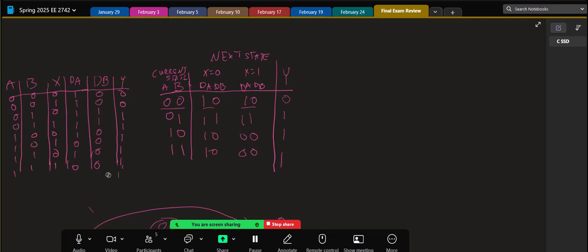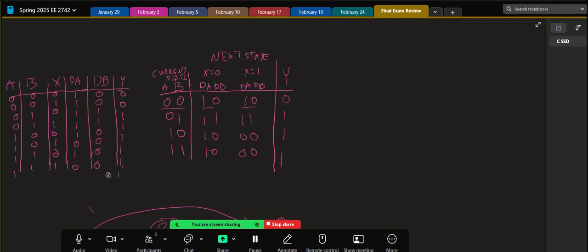Of course, X does change the state, but it changes the state on the next clock cycle. When I first heard this, I thought, what do you mean the output doesn't depend on the input? The state clearly depends on the input. Yes, but the output doesn't directly depend on X. It's not in the output equation.